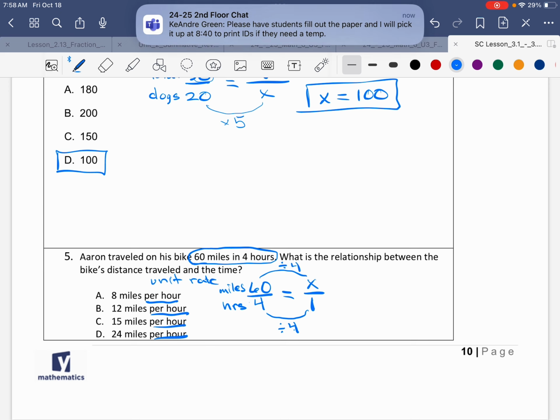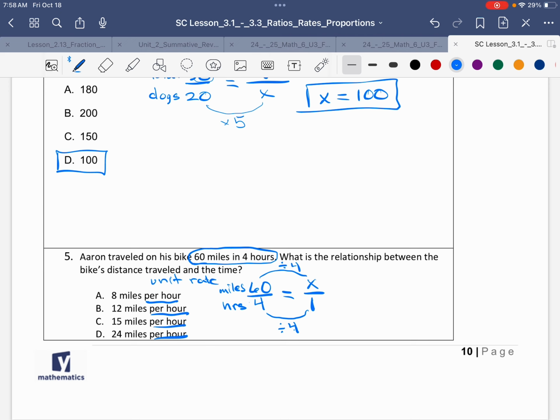Now we need 60 divided by 4 to see what goes in that spot. 1 group of 4, 2, 5, 20. So now that gives us x equals 15. So he's traveling 15 miles per hour. So your answer is C.